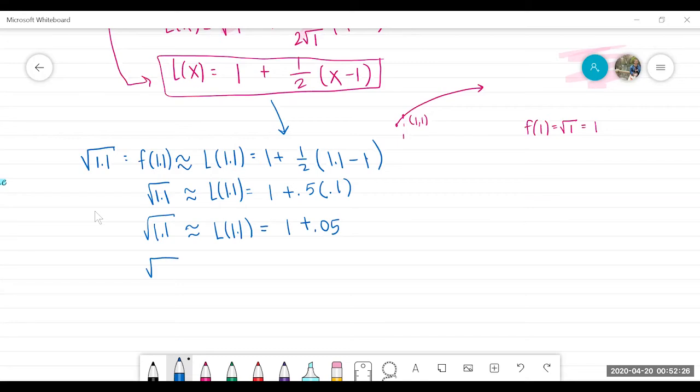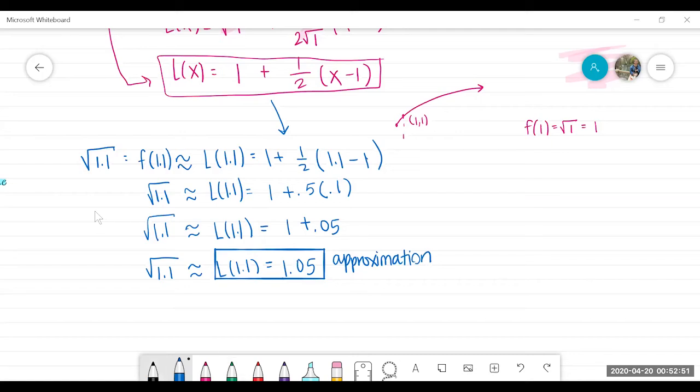So the square root of 1.1 is approximately L of 1.1, which is 1.05. Now, this is our approximation, your answer for this situation, and this is an approximation. On some of these, like this one, for example, you can find its actual value.